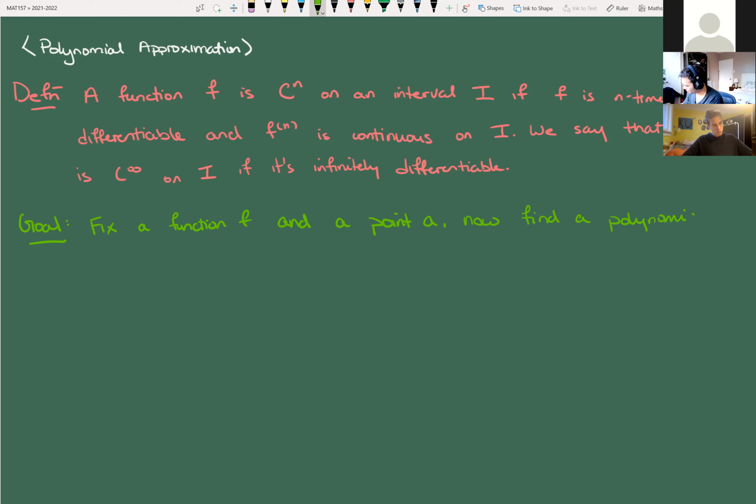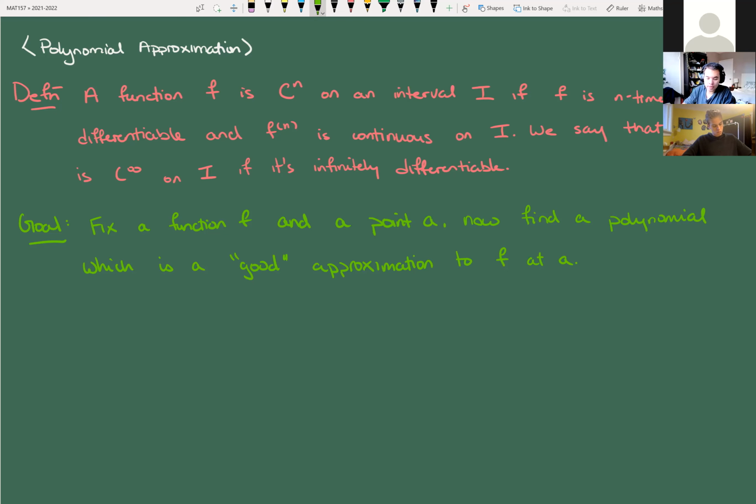A polynomial which is a good, because we don't know what that means, approximation to f at a. Okay, so that's our goal.